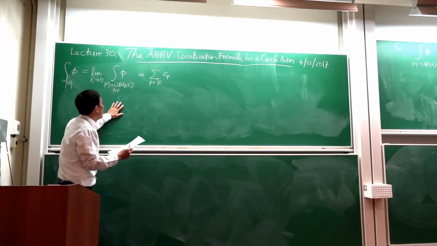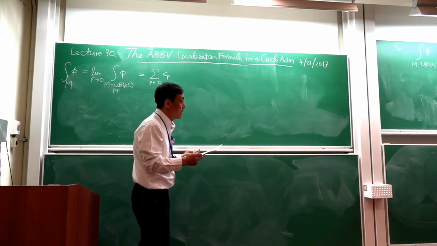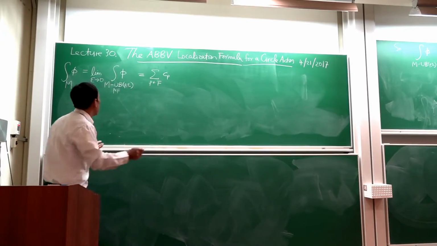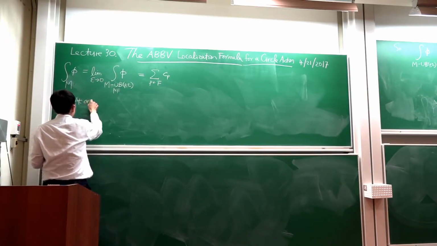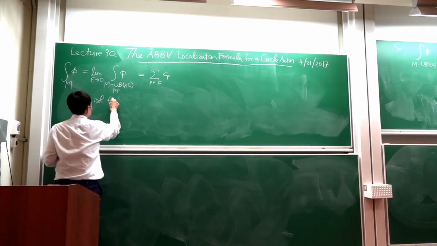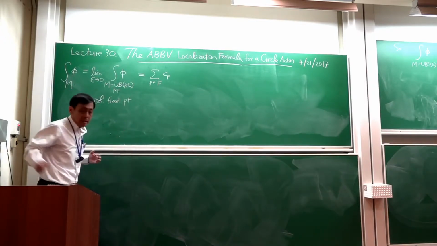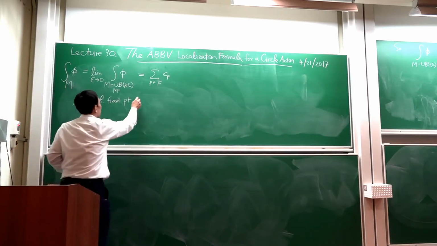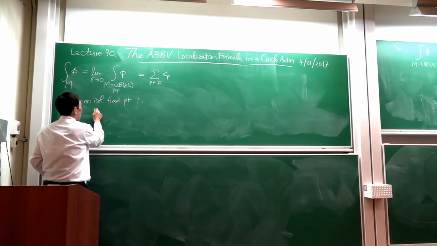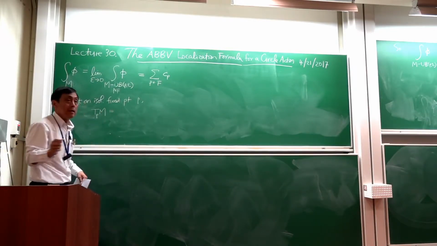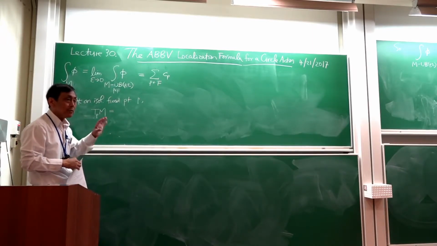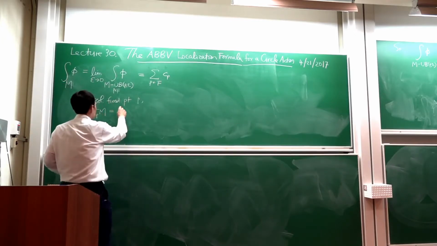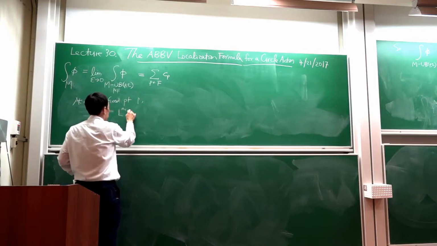Now, just a minute. At a fixed point, we have some data. Take an isolated fixed point P. The tangent space is a representation of the circle. So it's a direct sum of irreducible representations, and we know that there are no trivial summands.